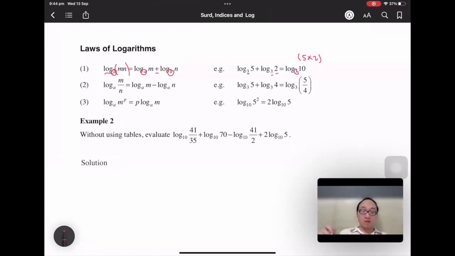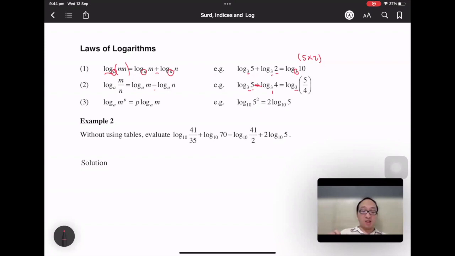Number 2, log to the base a of m over n. Similar to the first one, it will be a subtraction: log a of m minus log base a of n. For example, log 3 of 5 minus log 3 of 4. The base is the same, so it's log 3 of 5 over 4.